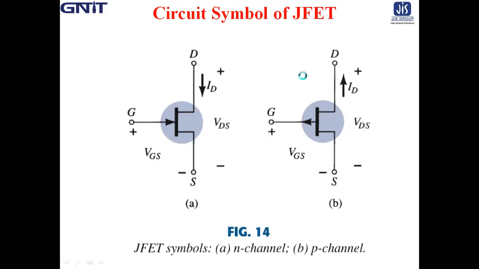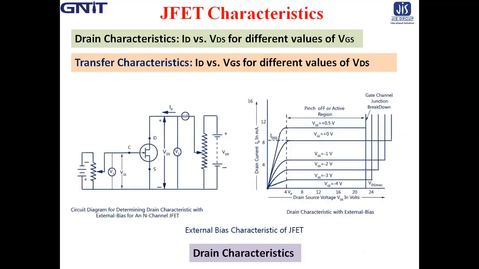Next is the JFET characteristics, which is very important. Two types of characteristics are present. One is drain characteristics and the other is transfer characteristics. Now, what is drain characteristics?